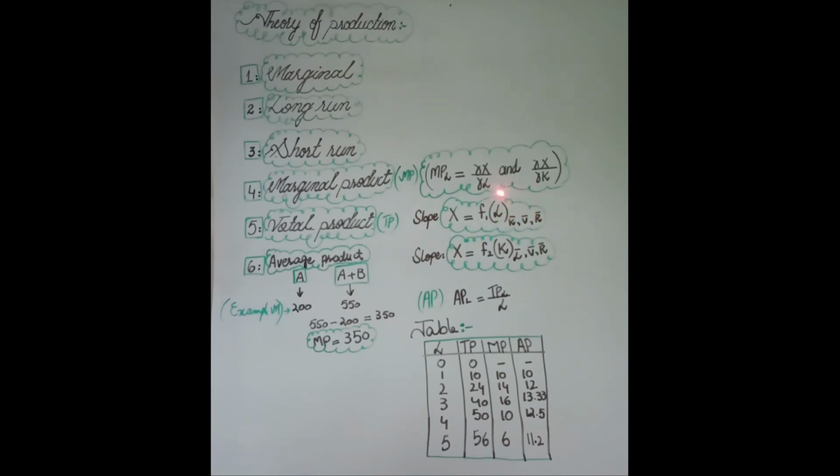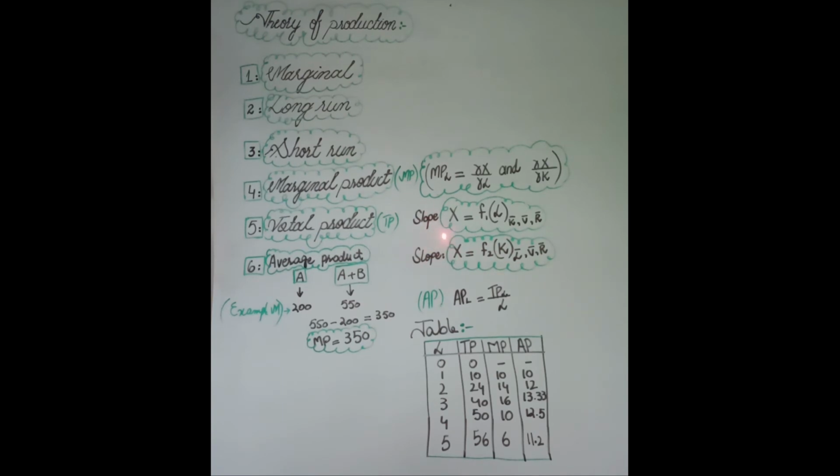So this is the slope of marginal productivity of labor, and this is the slope of marginal productivity of capital, because I have used two formulas here, one for labor and the next one for capital. So I have written the slope of these two also. First one is for labor and the next one is capital.